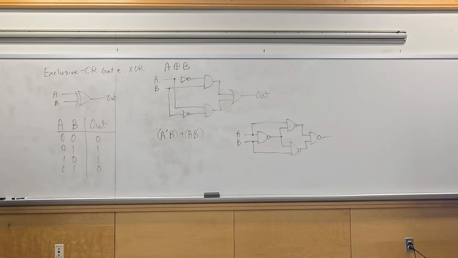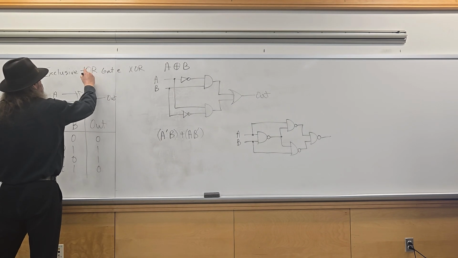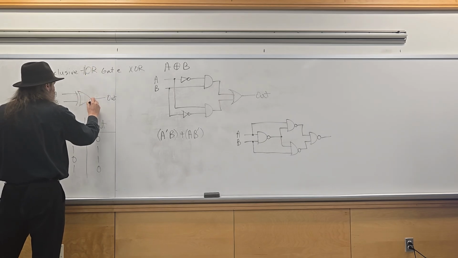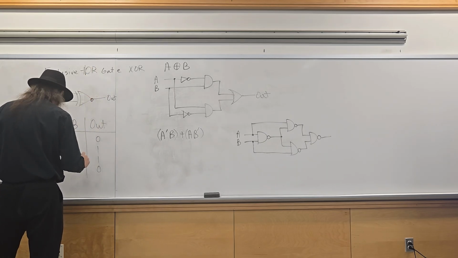That's just a different way to represent the same gate, different ways of implementing the gates. The same configuration with NOR gates makes the exclusive NOR. We'll do that one next.